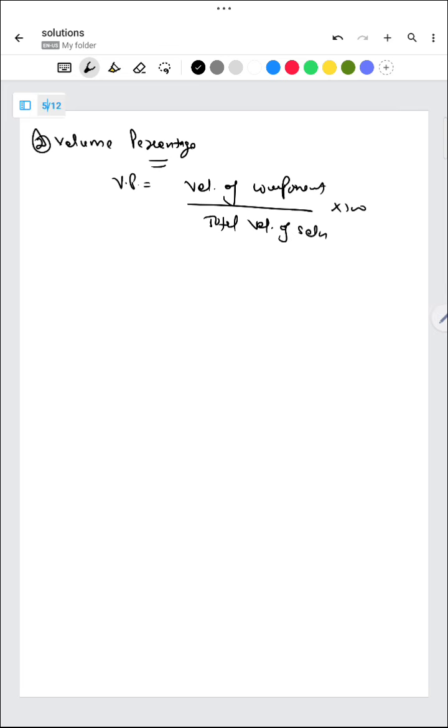For example, here liquid in liquid solution category comes. If we are discussing about 10% ethanol solution in water, what does it mean?